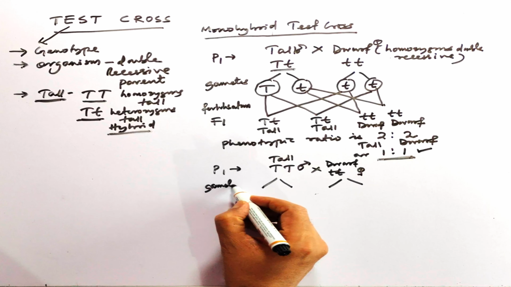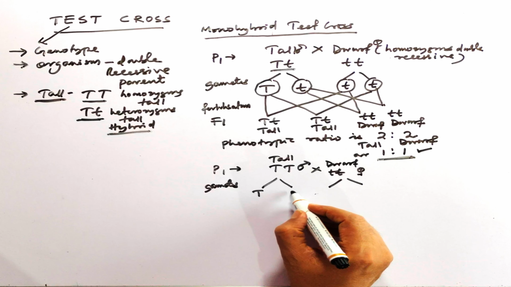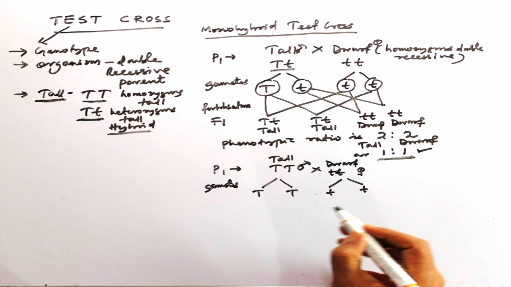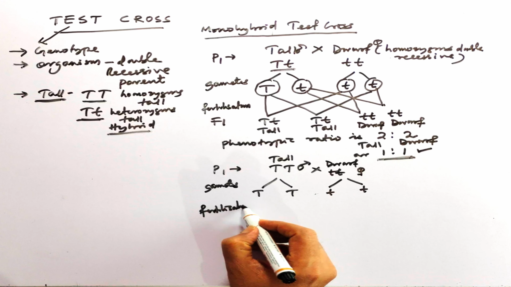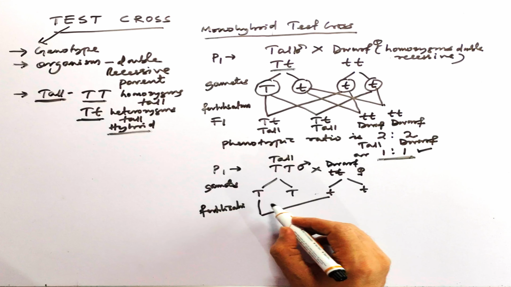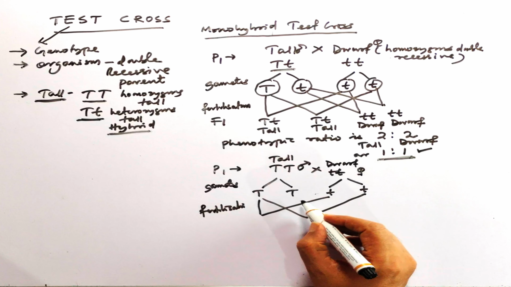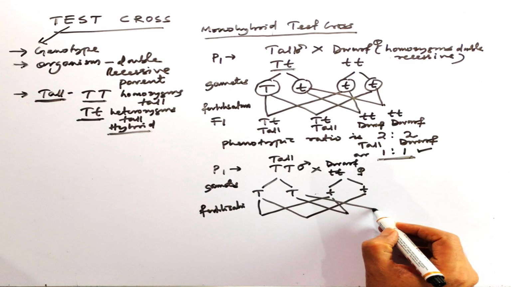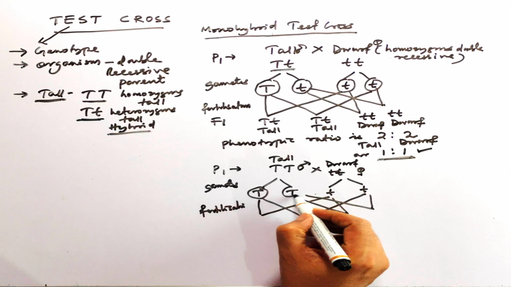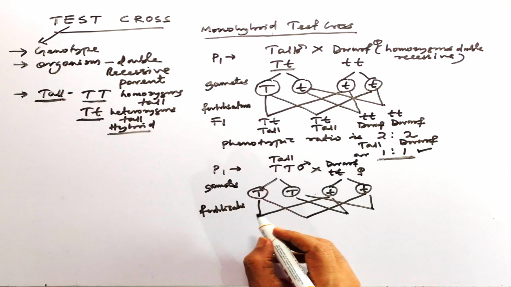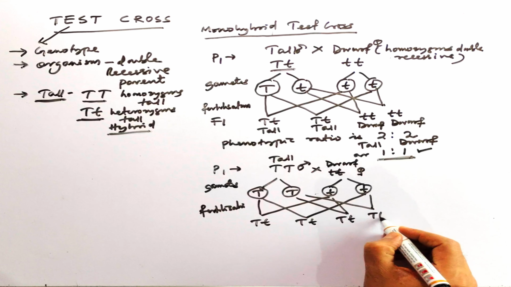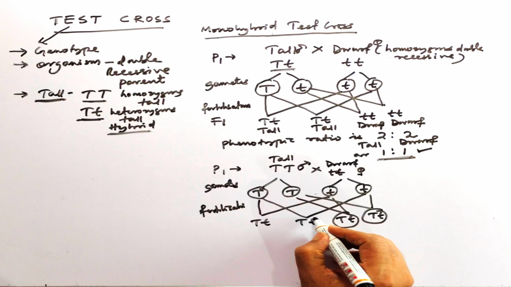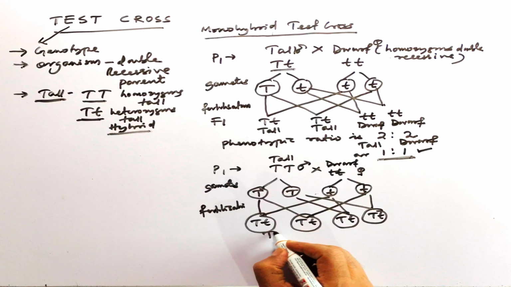Gametes are formed, capital T and small t. When fertilization occurs, this crosses with this, and this, and this. They result in capital T small t, capital T small t, capital T small t, capital T small t. So 100% of the plants become tall.